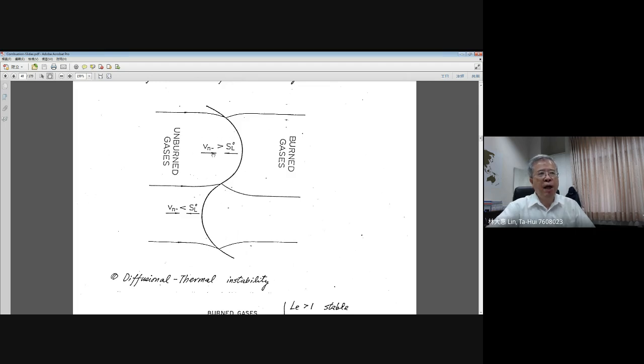When you have a larger upstream velocity, as we remember from how we defined the flame speed balance, if a flame sits at a certain position, then at this position the flame speed is balanced by the incoming flow velocity. They just balance.